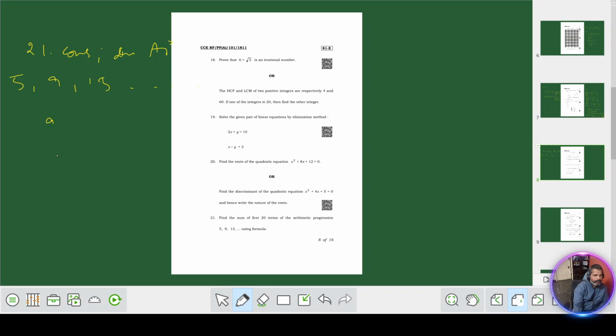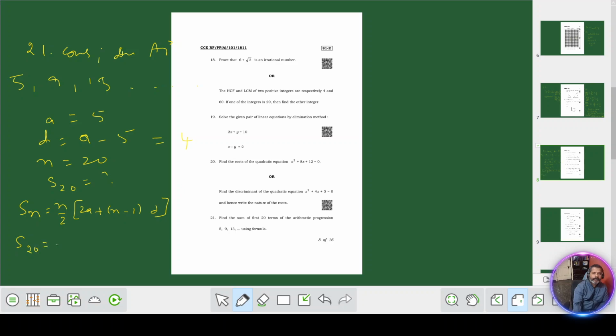What is d? d is the common difference, 9 minus 5, 4. What is the number of terms? 20 terms they have asked, S20. Sn is equal to n by 2, 2a plus n minus 1 into d. This is the formula. Substitute here.